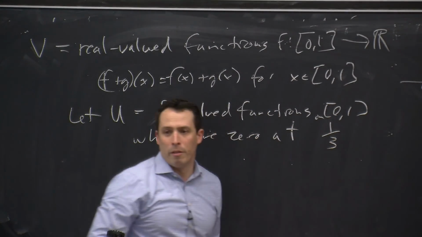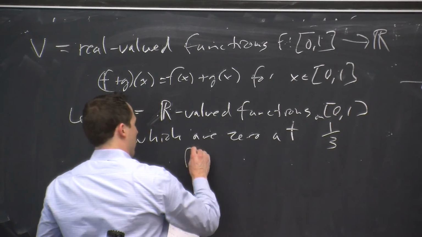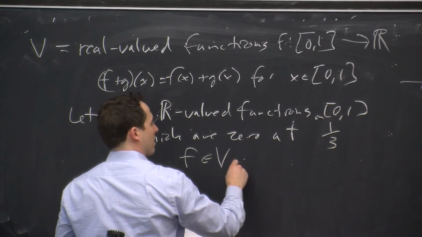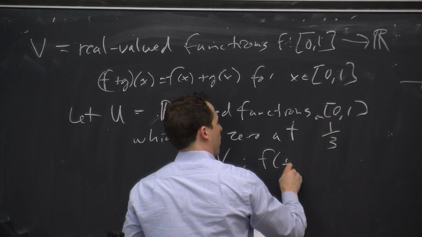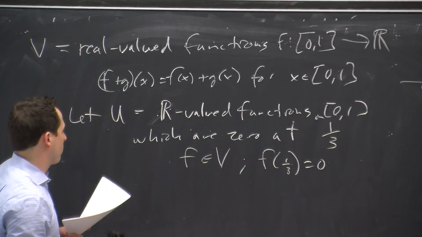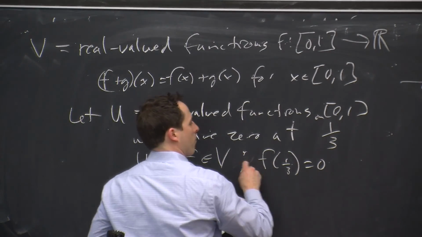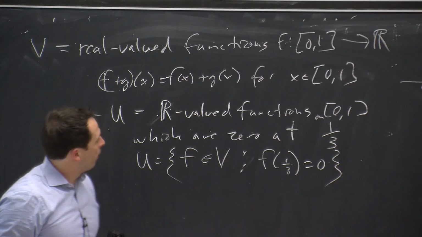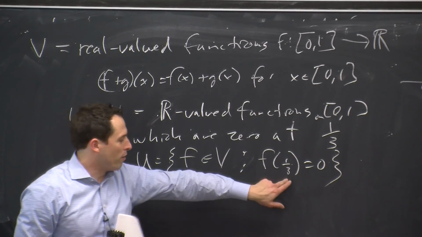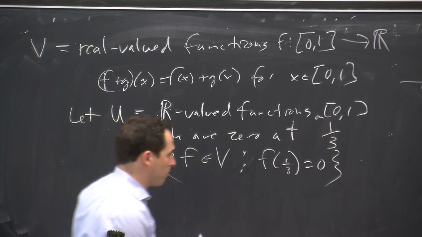How about at 1/3? So f is in U if f is in V, and f of 1/3 is equal to 0. That's the condition. Clearly a subset. Not all real functions have that property. And I claim that it's a subspace.